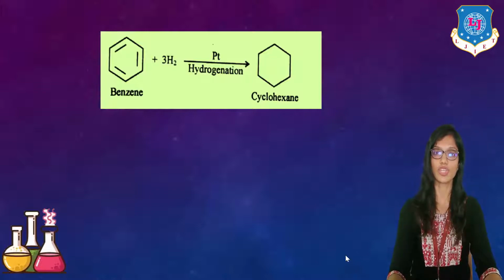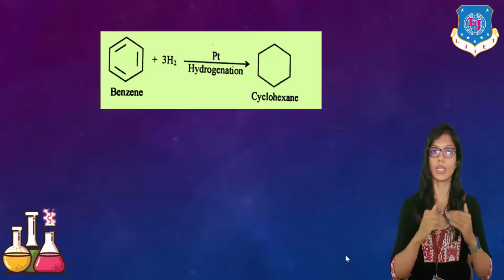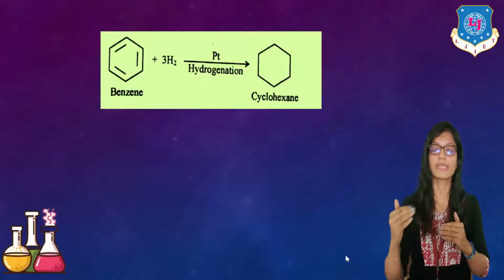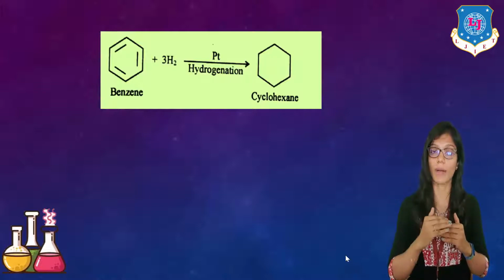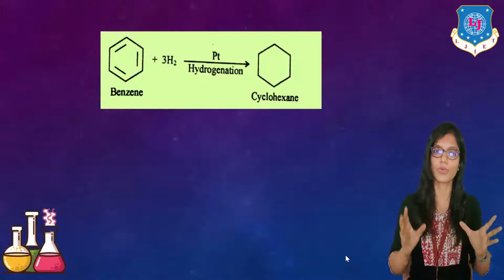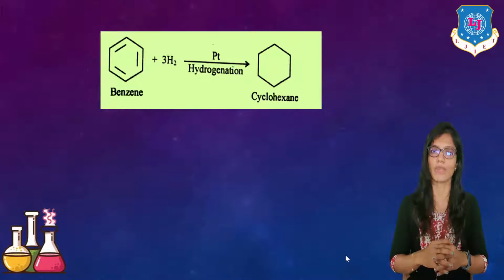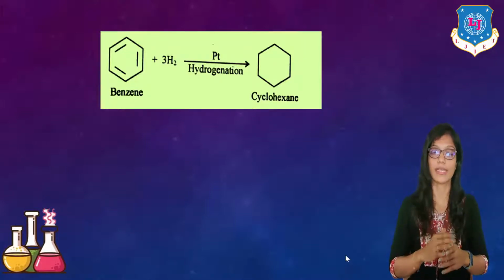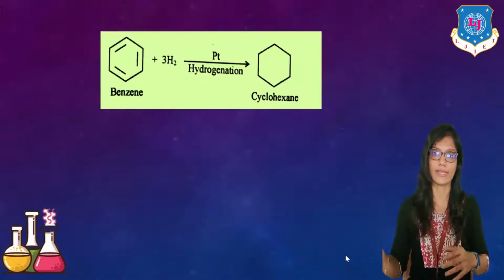Here hydrogenation occurs and the double bonds are broken, and hydrogens are attached to those carbons. When you attach those hydrogens, it converts itself into a cyclic structure, which is cyclohexane. So benzene will be converted to cyclohexane in this way.